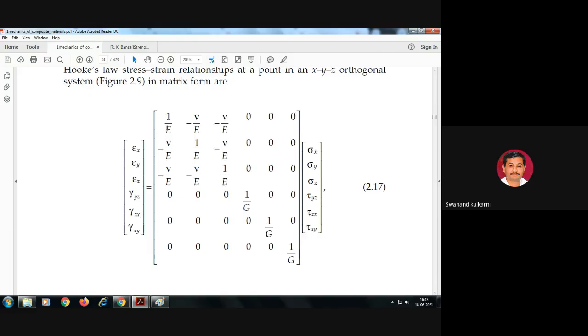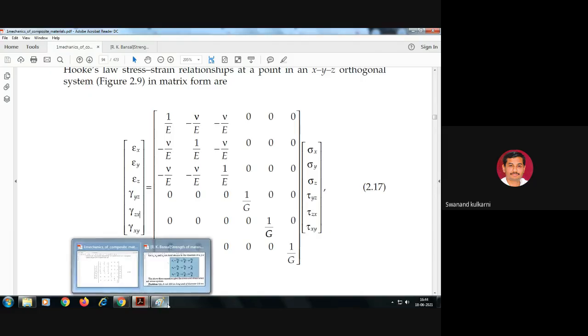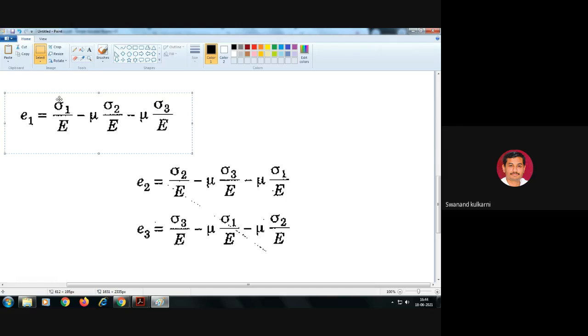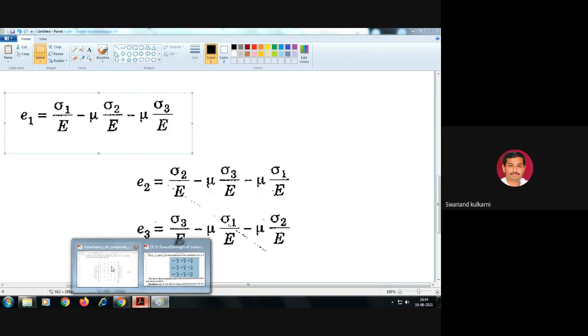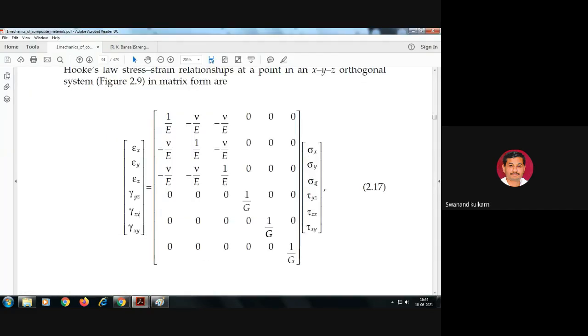So epsilon x, as we are considering, is sigma x upon capital E minus mu into sigma y upon capital E, and the same thing we will get here: sigma x, sigma y, sigma z.